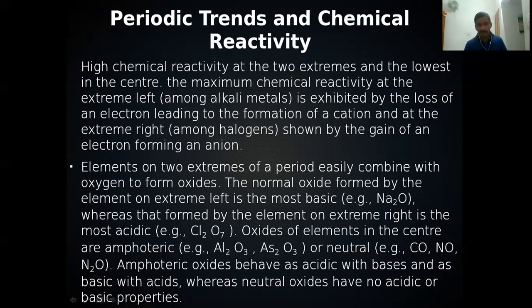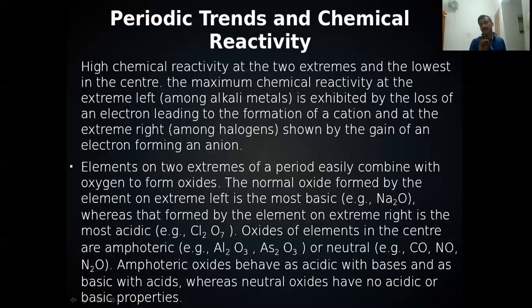Nitrogen can combine with oxygen to form many compounds: NO, N2O, NO2, N2O4, N2O5. Sulfur forms SO2, SO3. Chlorine forms many oxides up to Cl2O7.